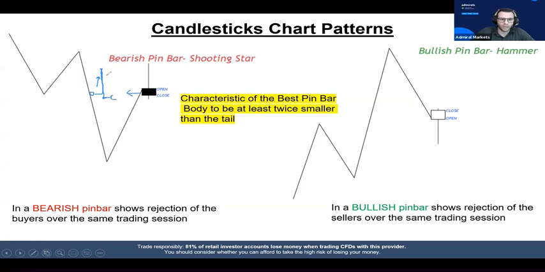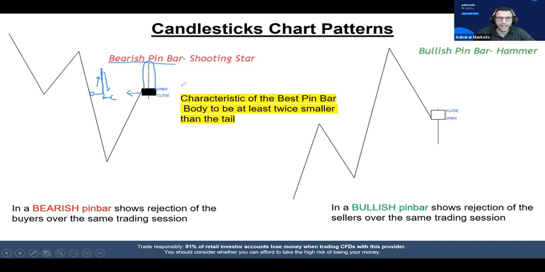This is a bar chart, okay? So what we see in a pin bar is the massive rejection of the buyers by the sellers. And within the same trading session, the price shows that the higher prices were rejected and sellers are most likely in control of this market.